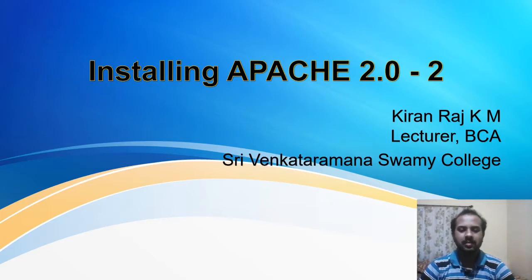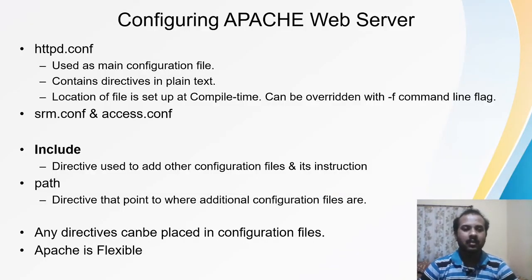Today we will discuss the second part of installing Apache 2.0. In the previous class we discussed downloading the Apache file, checking whether it is a proper and valid file using the keys, extracting the files, and afterwards compiling, configuring and installing it.